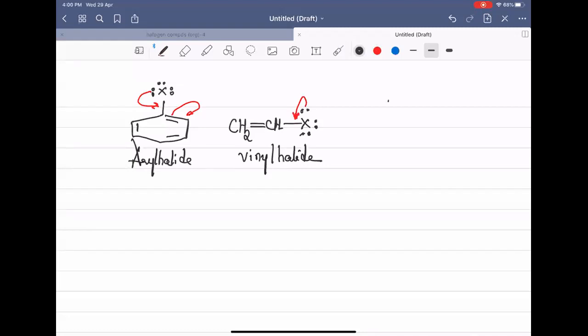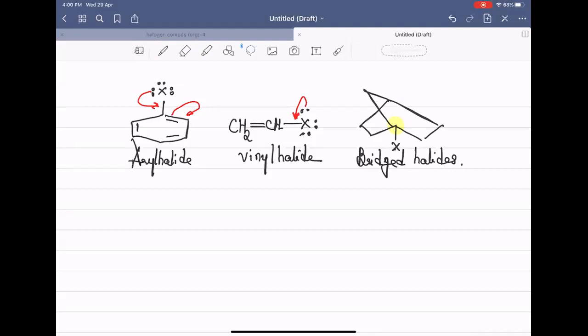And the third is like a bridged halide, where you cannot have planarity attained here because it's a bridge structure. So bridged halides. These three substrates or these three halides, they cannot easily undergo neither SN1 nor SN2. Both would be difficult for all of these, right?